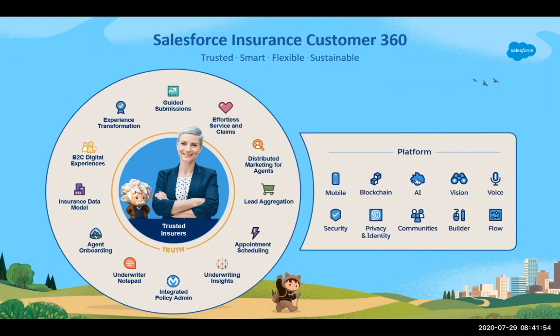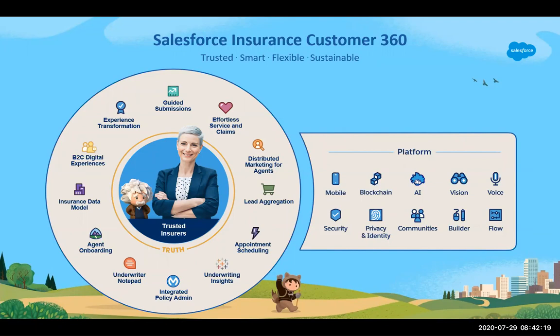Finally, the third capability is our platform, and you see that outlined over there on the right. Now, we pioneered cloud delivery of software at Salesforce. We pioneered the idea of low-code, no-code development, and our platform really allows insurers, no matter what the size, to build some truly incredible experiences for their customers and their distributors.